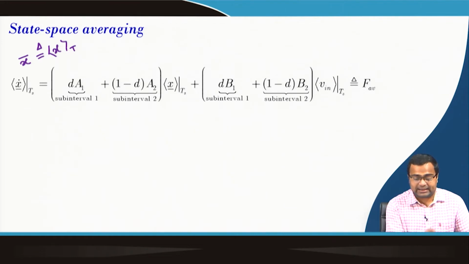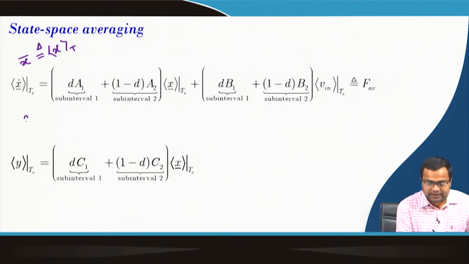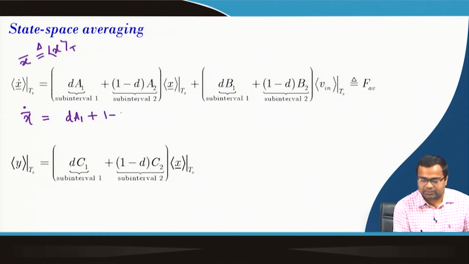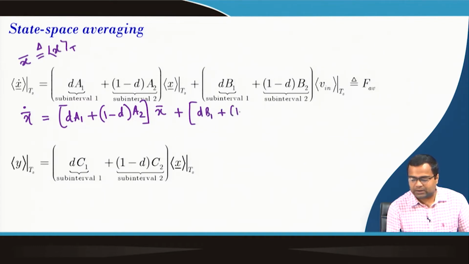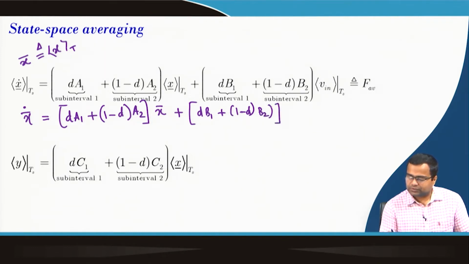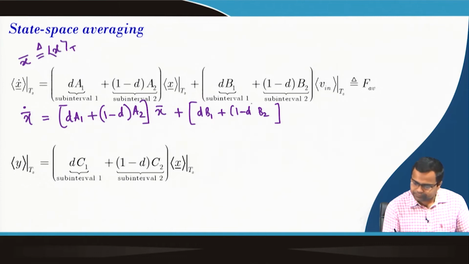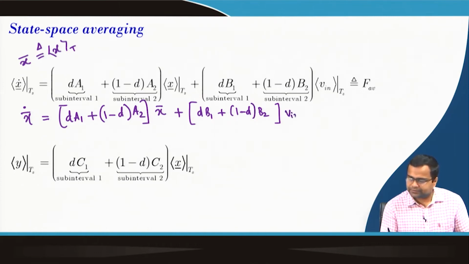Then we can write x dot, that means x dash, should be equal to d into A1 plus 1 minus d into A2, times x, plus d into B1 plus 1 minus d into B2, times V in bar.